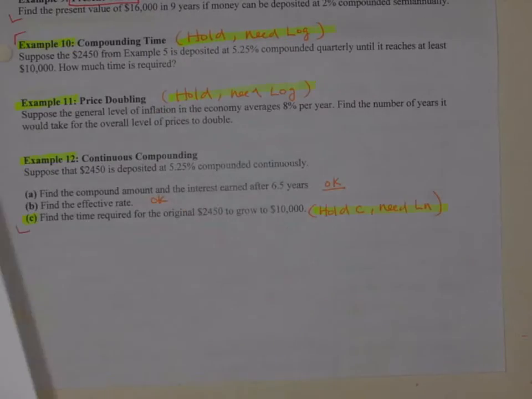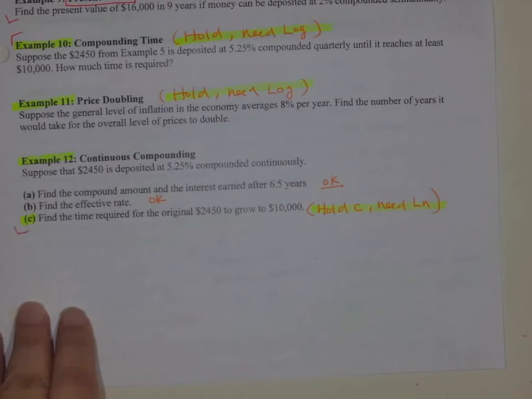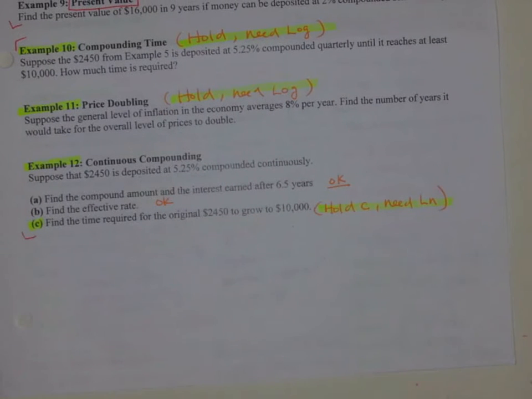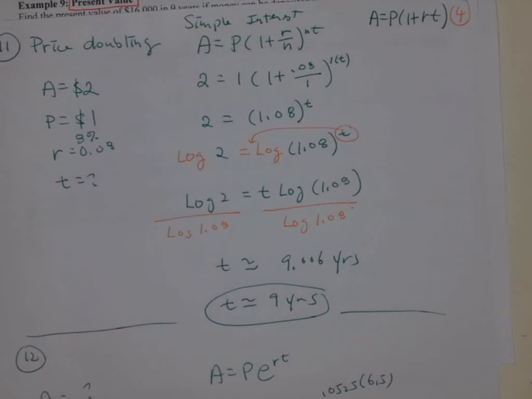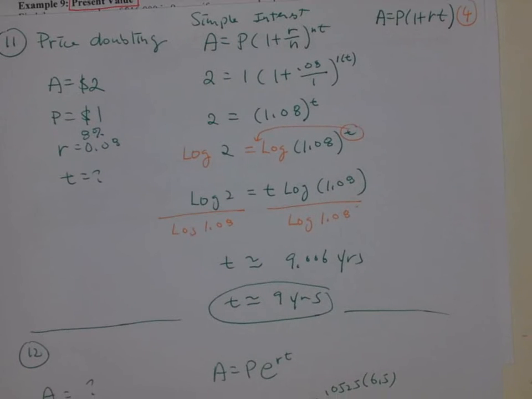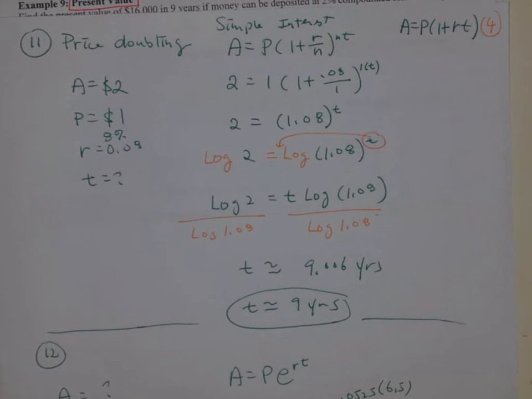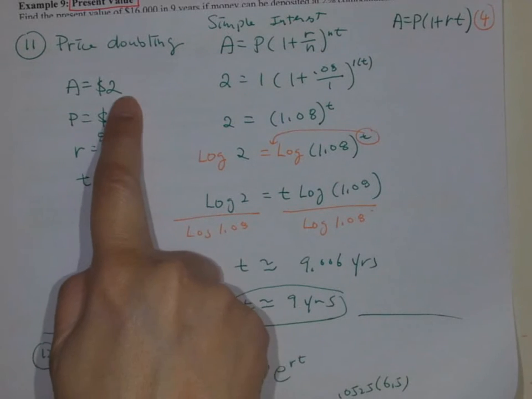And number 11, if I can find the question. Number 11 is trying to find the doubling time. For the doubling time, you also need to solve the exponents. So if you're interested, number 11, doubling, if you put in $1, you get $2 out.